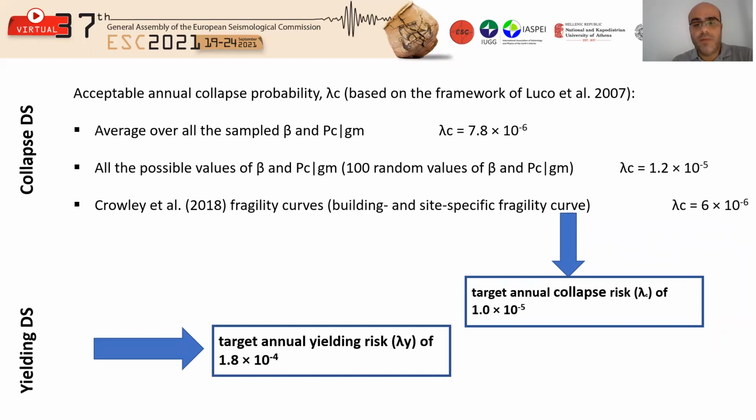After the comparison of the obtained results through these three assumptions, the value of the annual target risk of collapse and the acceptable annual risk of yield have been estimated, as can be seen in this slide.